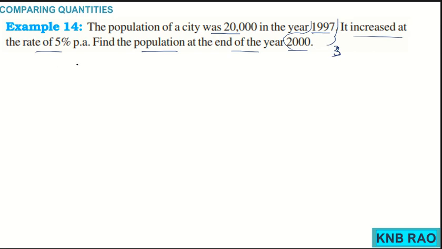So here at the rate of 5% per annum, normally increment takes place in a compounded way. Therefore, we can find it by multiplying 20,000 with (1 plus 5 by 100) raised to the power 3.